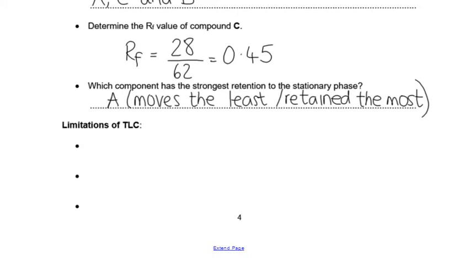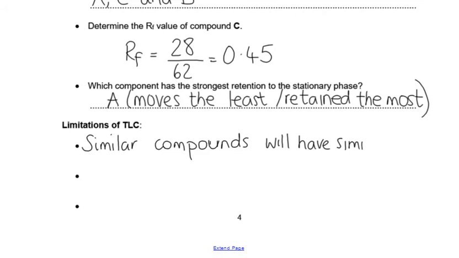The final thing to think about for TLC is what are some of the limitations? Well, if I didn't know what my sample was and looked it up in a book of RF values, similar compounds, such as 2 isomers of the same formula, will have similar RF values, and therefore it's very hard to tell which one you've got from this technique.